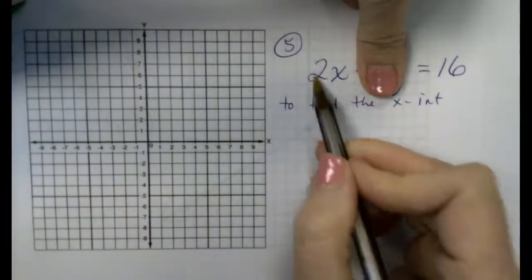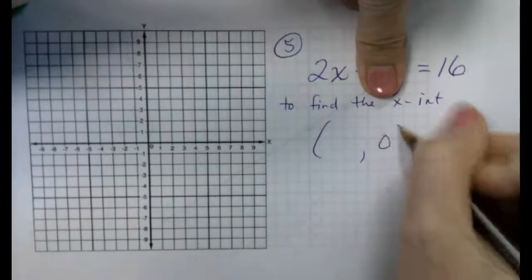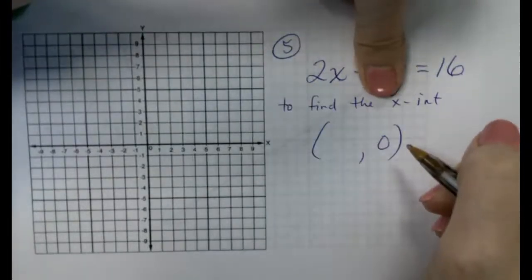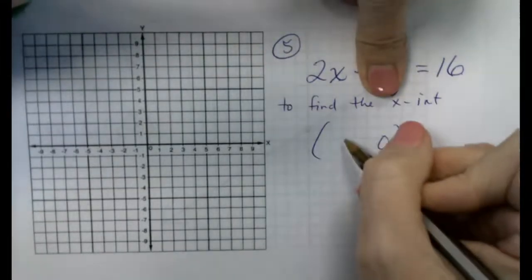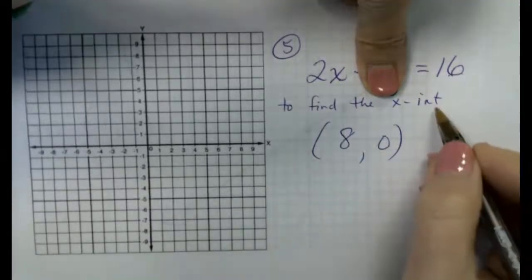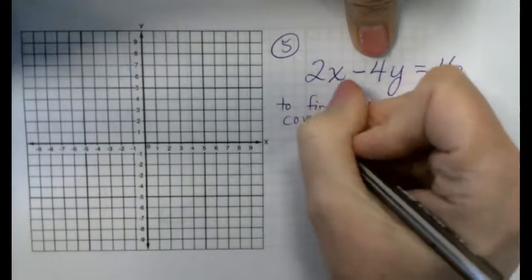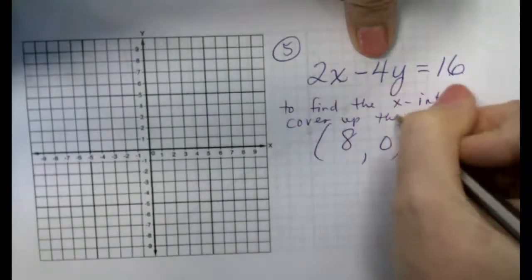So if we have 2x equals 16, remember, we let y be 0, so we're covering it up. If 2x equals 16, then x equals 16 divided by 2 is 8. So to find the x-intercept, cover up the y.